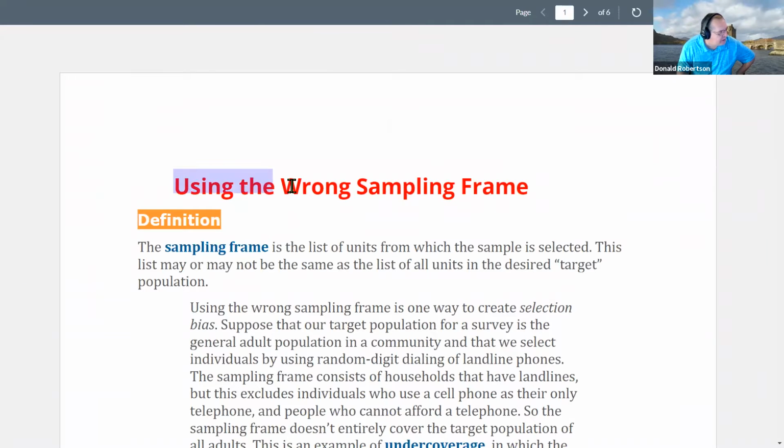This here is a sampling frame. And what can go wrong is you choose the wrong sampling frame. Let's tell you what that means. You've got a population of people that you're interested in. Let's say that you're interested in smoking habits of high school students, whether they smoke or not.